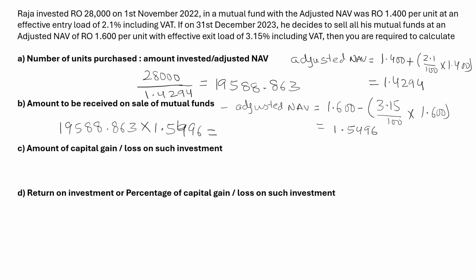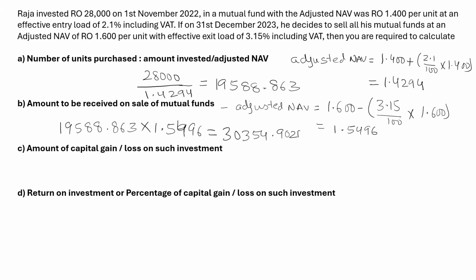What answer are we going to get? 30,354.9021. I hope this is clear.